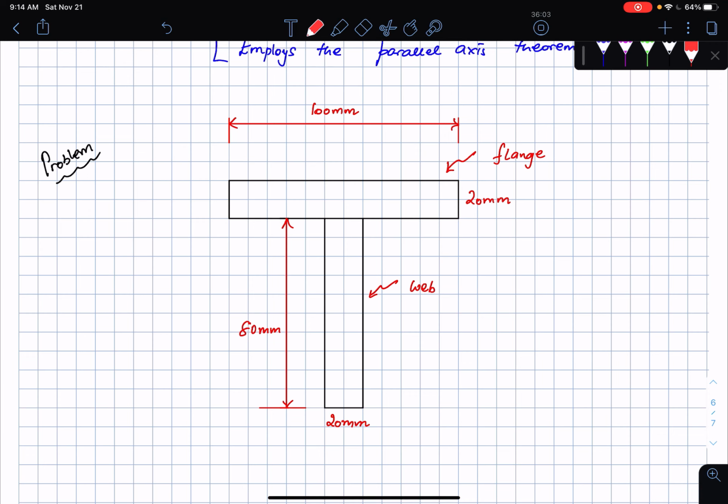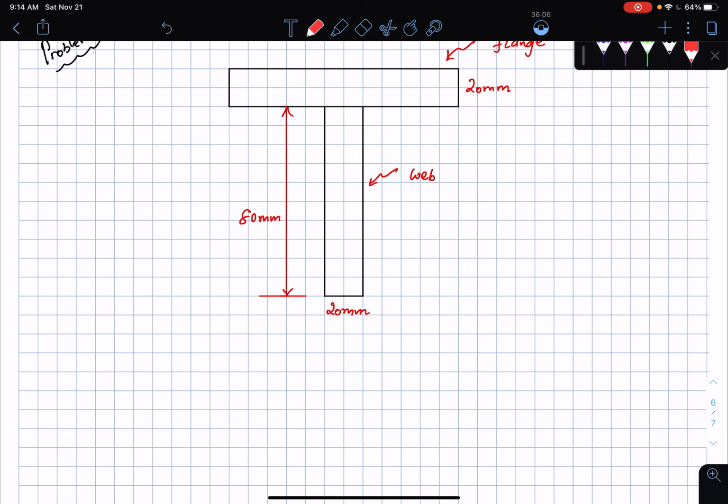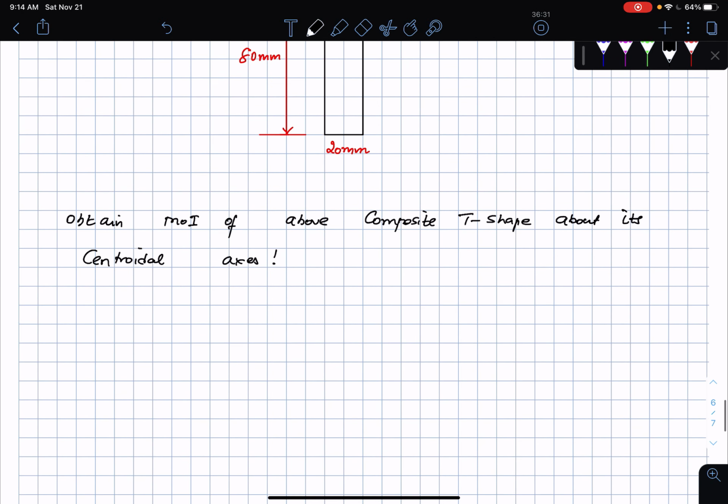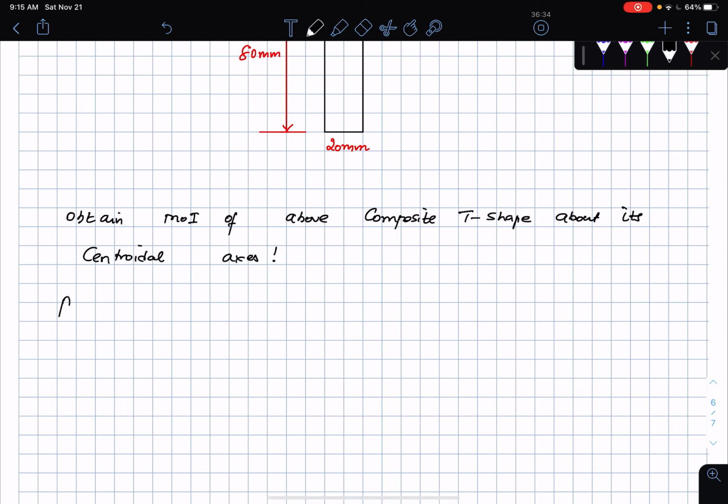Now I want to obtain the moment of inertia of the above composite T shape about its centroidal axis. That is the basic idea. Now, what are the steps? I'm going to do a little bit of hand waving here, because I'm going to make you do some work when you're watching this video.